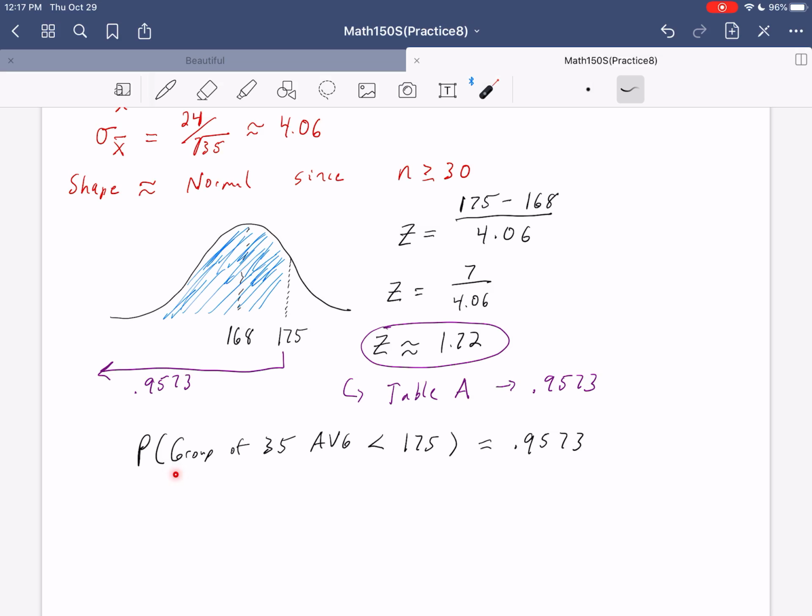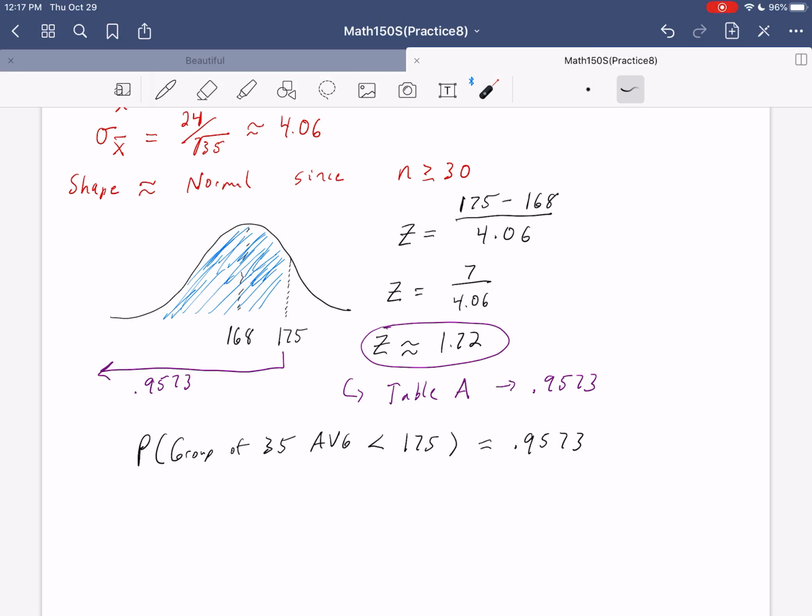This is saying that once we take those 35 flights and average their number of passengers together, the chance that that average will be less than 175 is 0.9573. So some of them could be at like 178 or 180 passengers, but there's enough below 175 that the overall average, once we look at all 35 flights, is going to be less than 175.